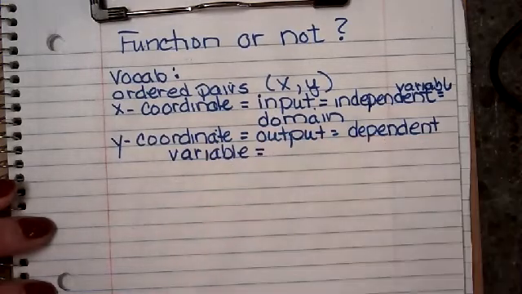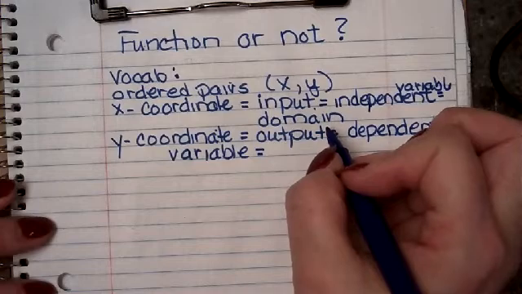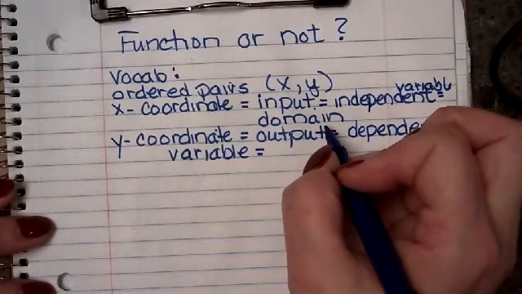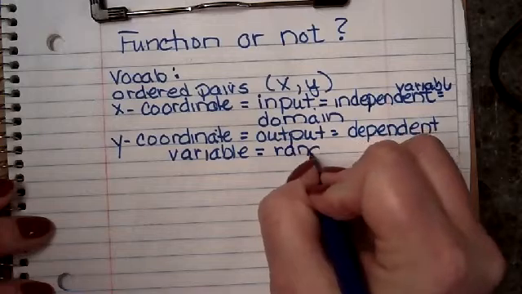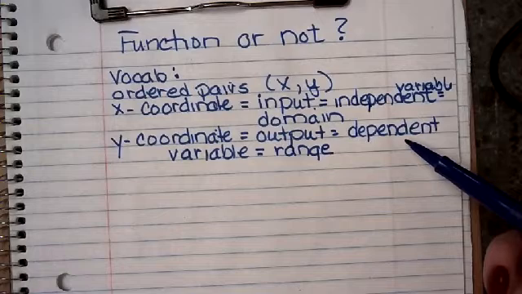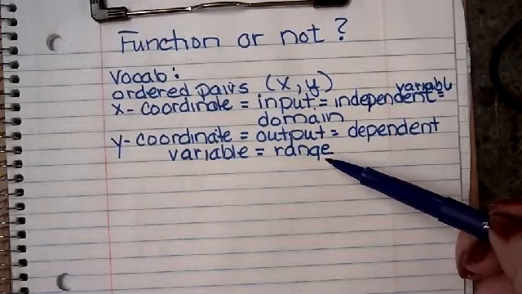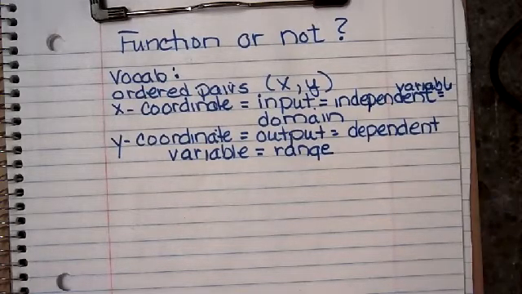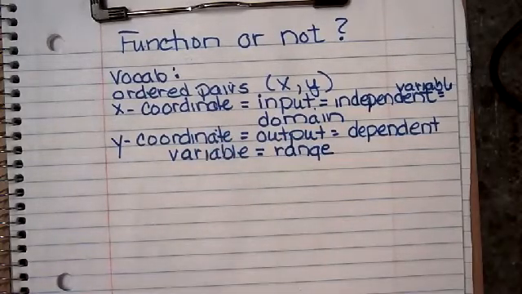Okay, and we call sometimes X domain. If we're using X domain to mean X, then what we're going to use to mean Y is range. Okay, so when we're talking about Y coordinates, they might say output, they might say your dependent variable, and they might say your range.